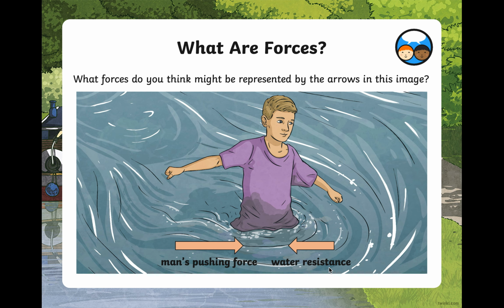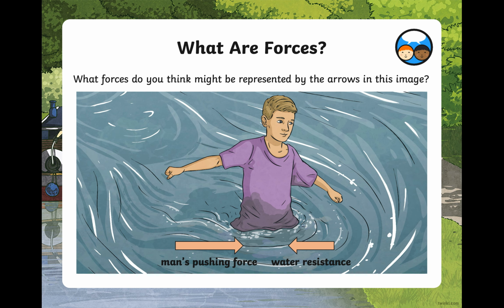Now the man is moving in the direction in which he pushes himself, so he's going this way, and his force is pushing this way. But the water resistance is pushing in the opposite direction, and you see the arrow is smaller. The man's pushing force arrow is bigger. So basically, this is the force that wins. So the guy moves, even though he will find difficulty in moving, but he will still move.